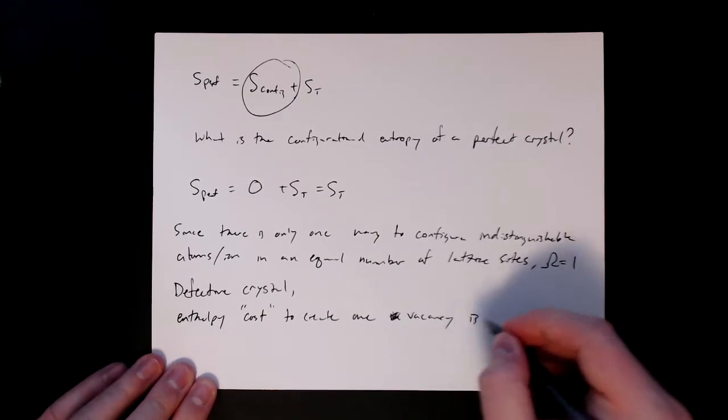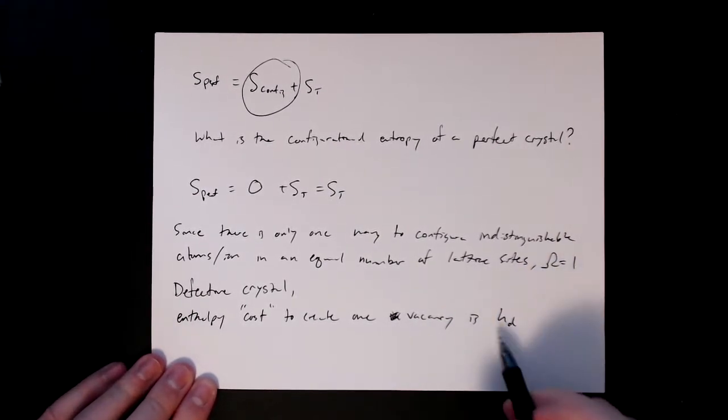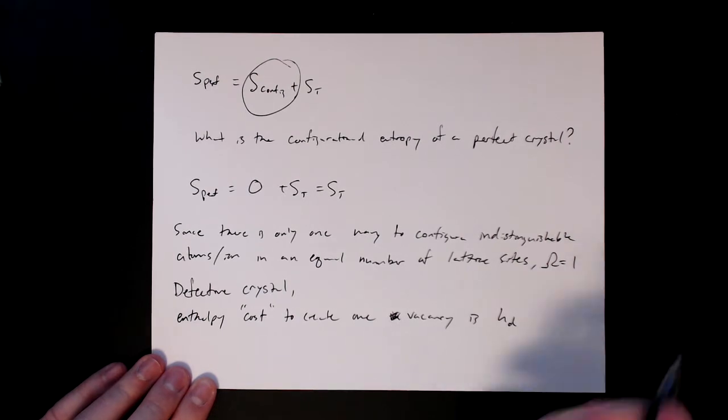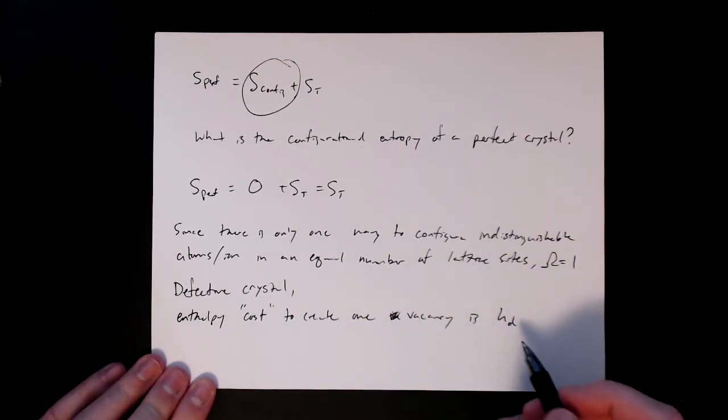And we give that term h_d. Again, I'm going to use the lowercase because we're talking about one. So that's the enthalpy to form one of these vacancies or defects, so lowercase d.